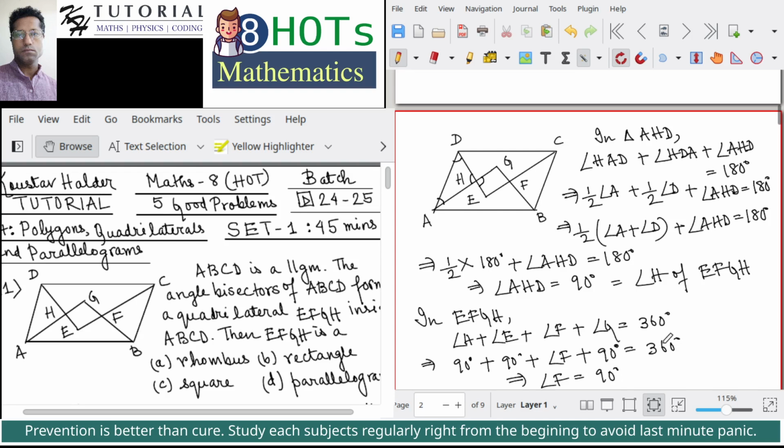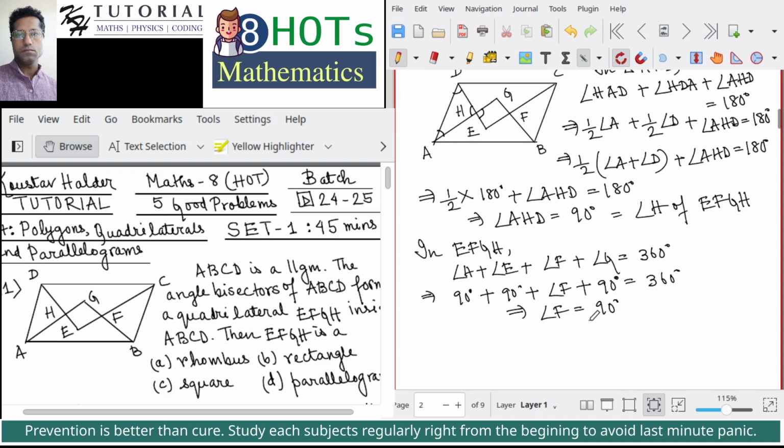So in the quadrilateral EFGH, all angles are 90 degrees. Now what can the quadrilateral EFGH be?